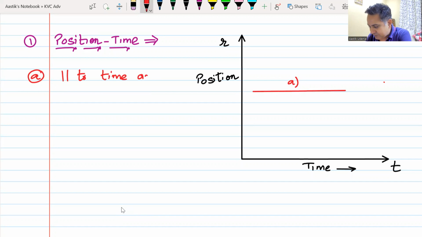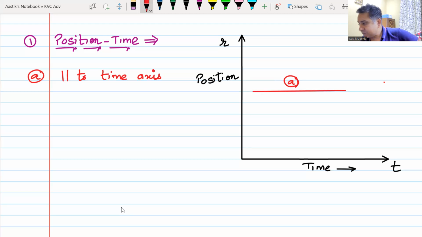Position time graph and it is parallel to the time axis. What is it showing you? What do you understand by this? What do you think the motion is like? The position of the particle is not changing. It is same. It is fixed. Can you tell me what type of motion this particle is having?